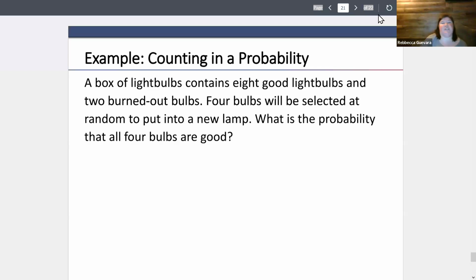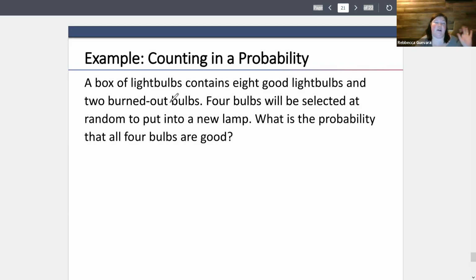So we can use these counting principles to help us with some probabilities. Here we have a box of light bulbs that contains 8 good light bulbs and 2 burned out light bulbs. 4 light bulbs will be selected at random for a new lamp. What is the probability that all 4 bulbs are going to be good? We're putting them into new lamps.